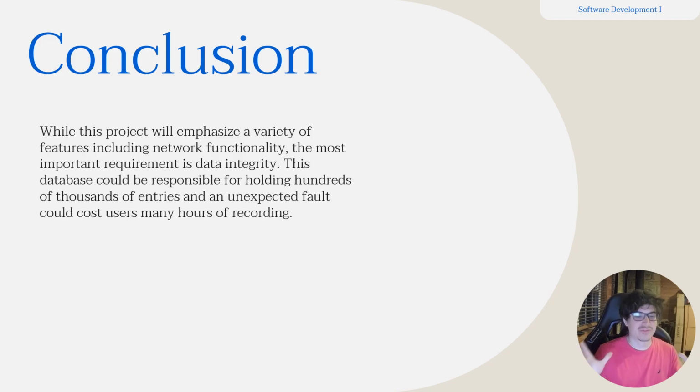If you have a huge library of items, that could take somebody thousands of hours to build up that database, and then it all goes kaplooey. That wouldn't be very cool, honestly. That would be a massive issue. So that's the number one requirement for this project.